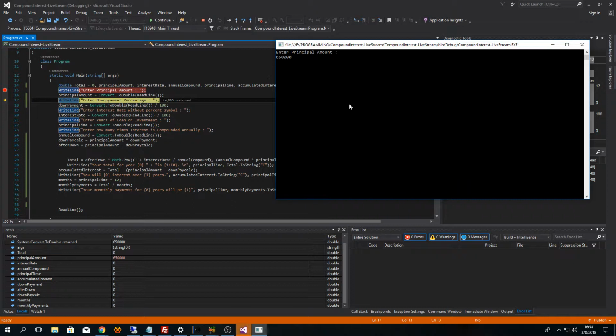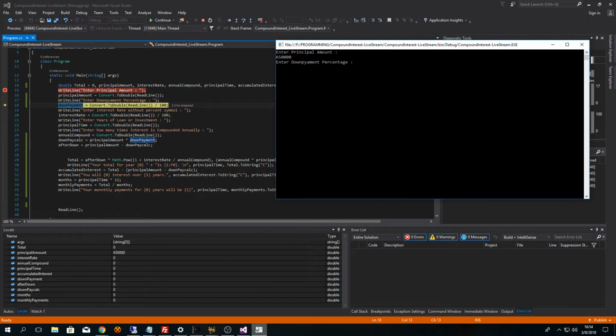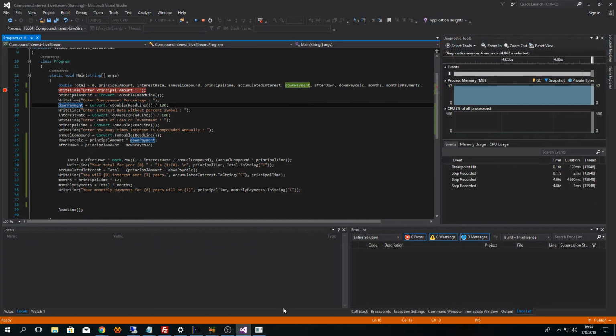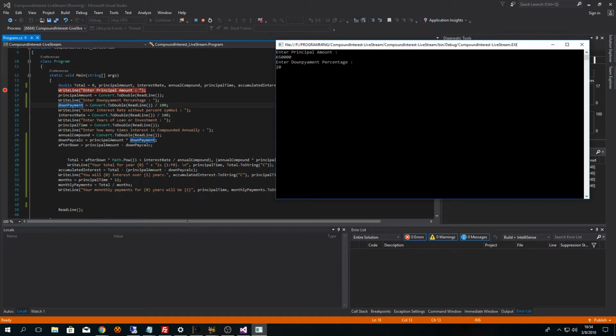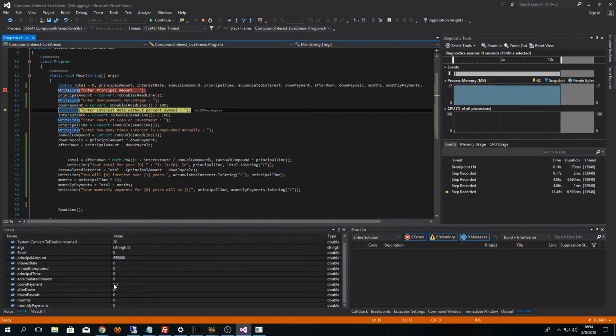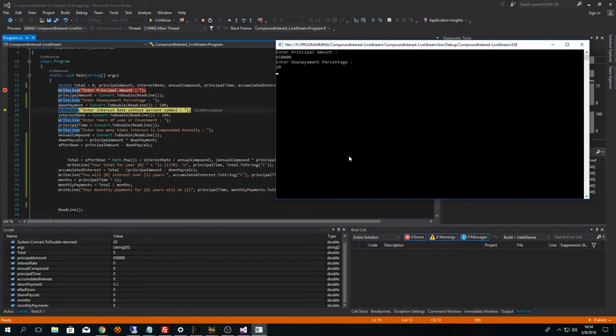Awesome. Then we'll step into again, and it's asking us for our down payment percentage, so we'll type 20 for 20. Step in again. Hit enter. As you can see, our down payment has turned into 0.2 because that's what 20% is in decimal form.